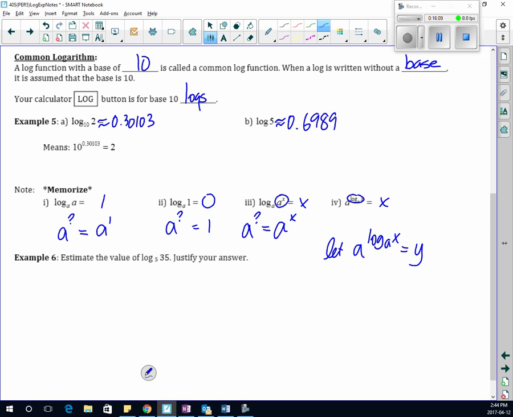The exponent is what the logarithm equals. And in this case, our exponent is this whole thing here, right? So the exponent is equal to the log, the base of the exponent, y. Do you see this part right here is all the same, so that means this x must equal what this is equal to, so that's why it's x.